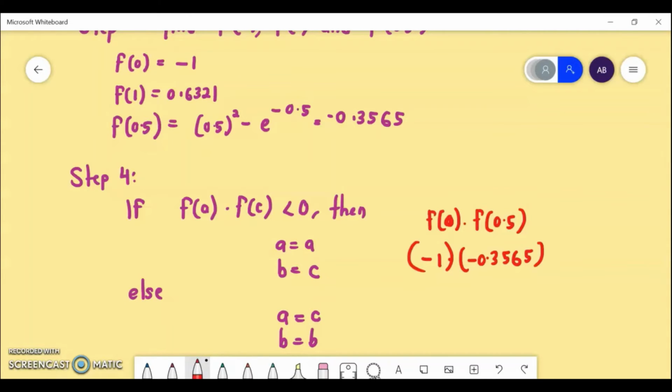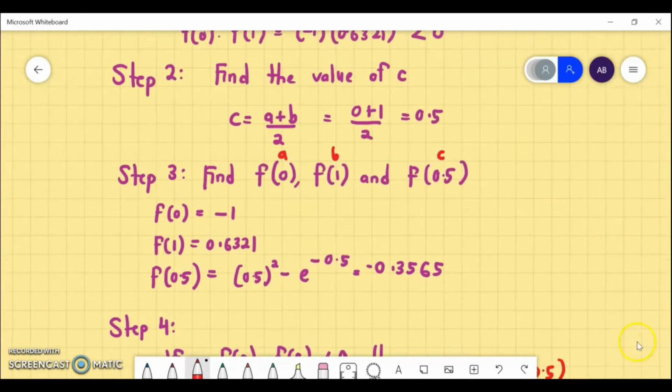So this is positive, it is greater than 0. So what happens for my next iteration? My a will become 0.5. My b is the same, which is 1. Okay, now we have to continue the process.